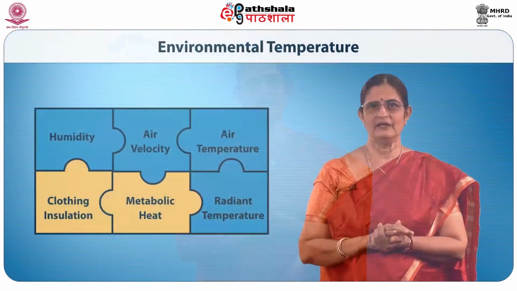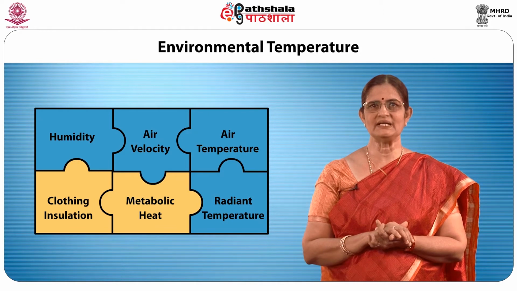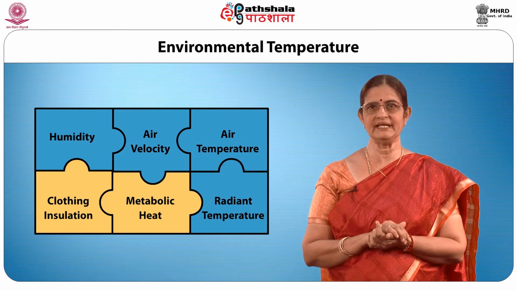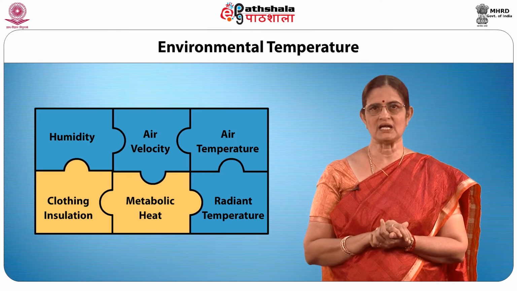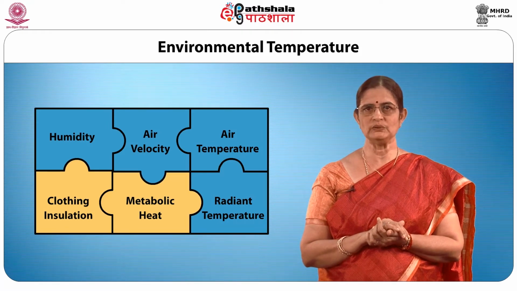Next one is environmental temperature. The lowest metabolic rate is observed at the environmental temperature of 26 degrees Celsius or 78 degrees Fahrenheit. Higher metabolic rates are observed at temperatures both above and below this figure.